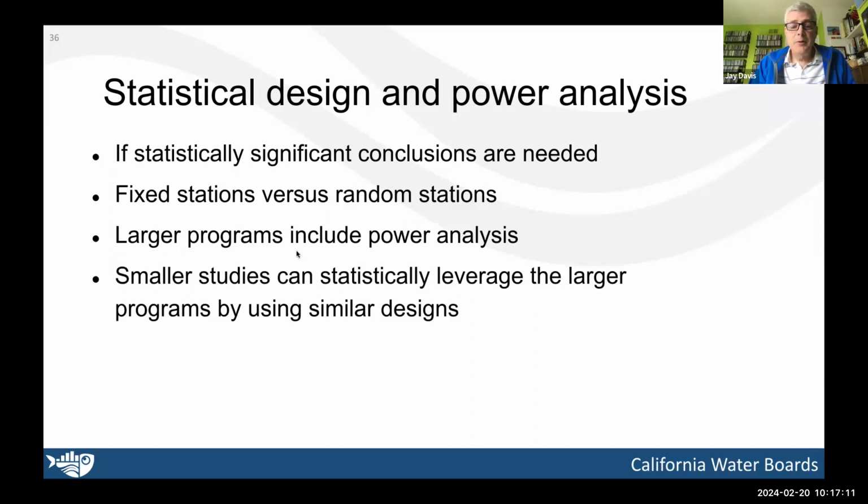We've done some in SWAMP, RMP, the Delta RMP as well. If you have the resources and the stats really matter, then you should do a power analysis. But the smaller studies can leverage the larger programs by using similar designs and using the statewide data set for comparison.